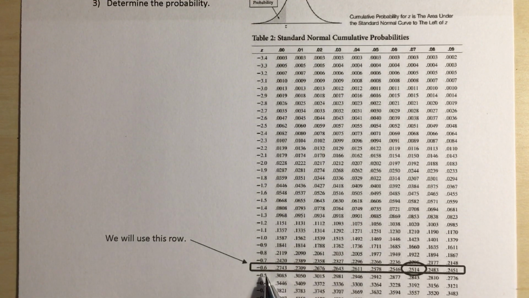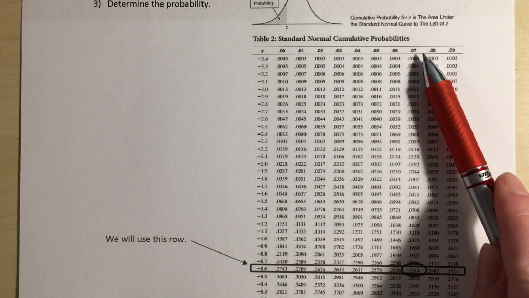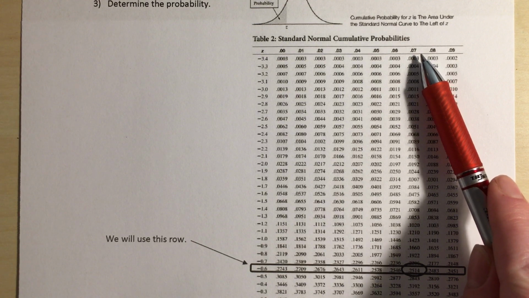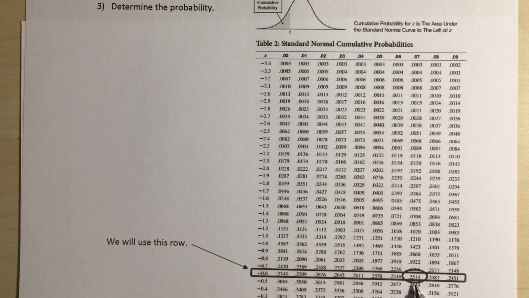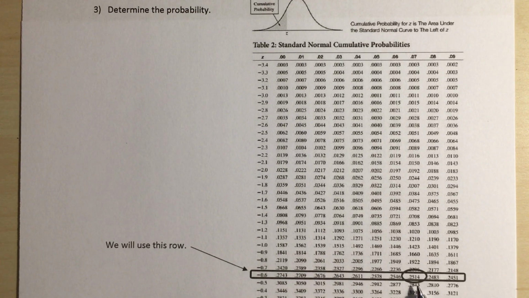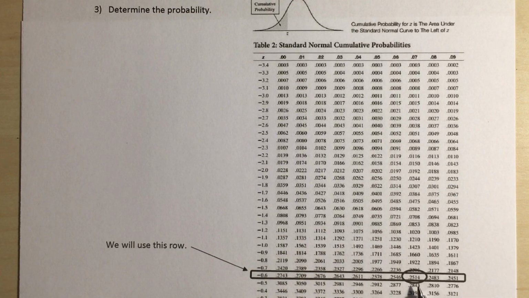Then we're going to move over in our row until we have a 7 as our second decimal value. So we're going to stop right at this value that we see here, 0.2514.